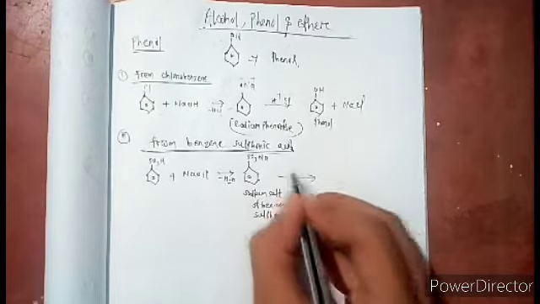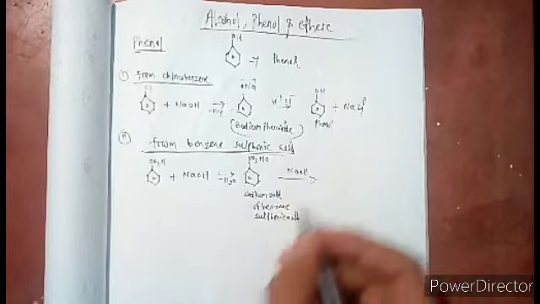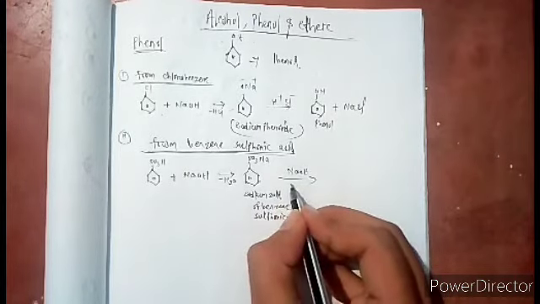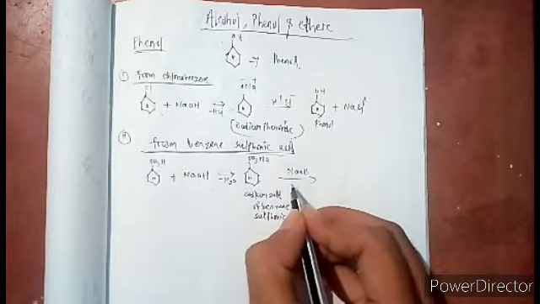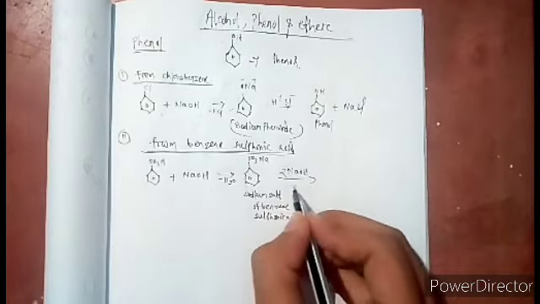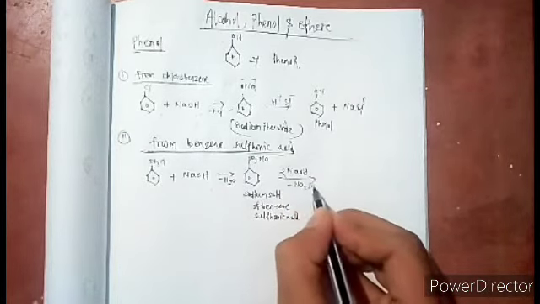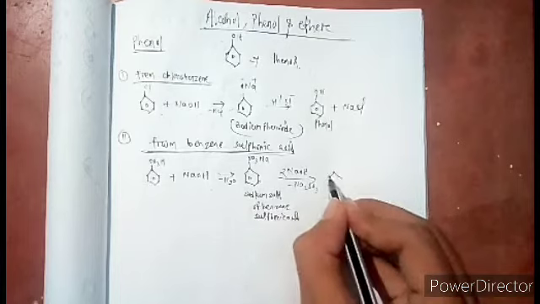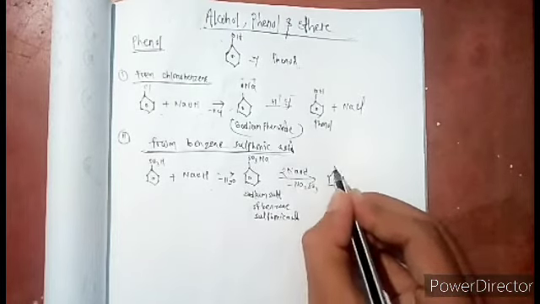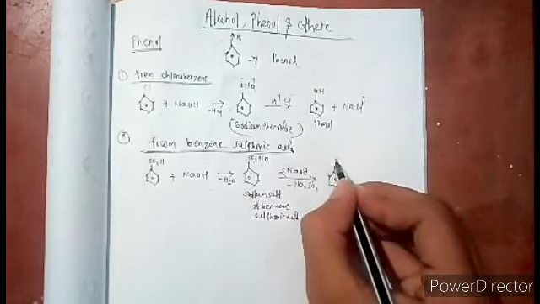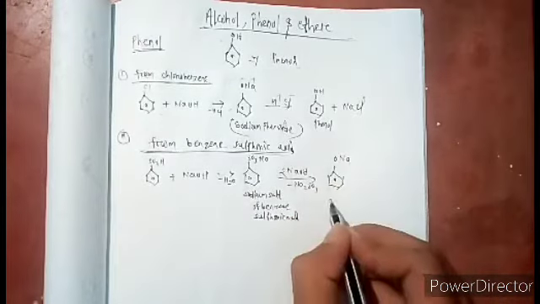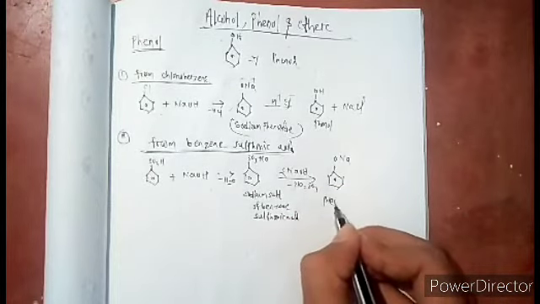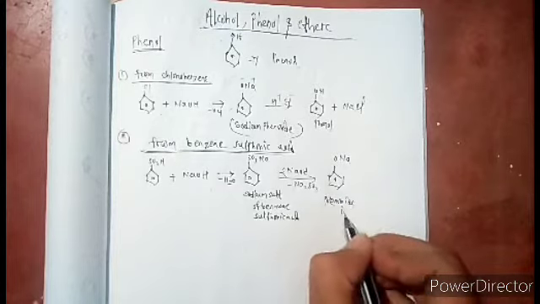Again it reacts with NaOH, that is sodium hydroxide, 2NaOH, with the removal of Na2SO3, resulting in ONa, that is the phenoxide ion.